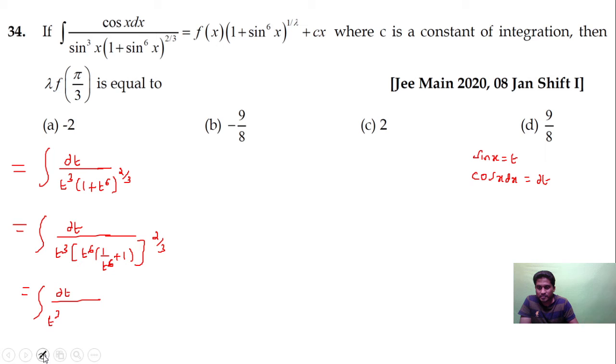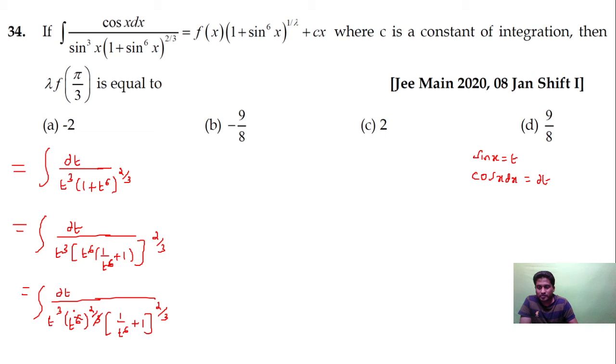You get 1 by t power 6 plus 1 whole to the power of 2 by 3. So this becomes integration dt divided by t cube, t to the power of 6 whole to the power of 2 by 3, and then 1 by t power 6 plus 1 whole to the power of 2 by 3.